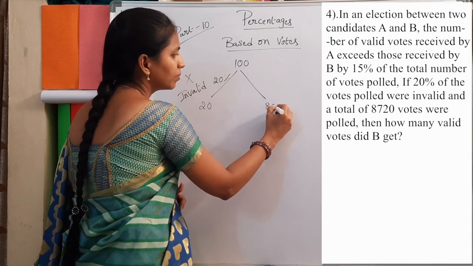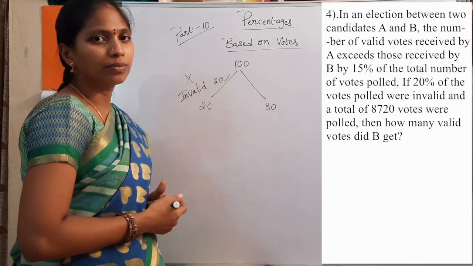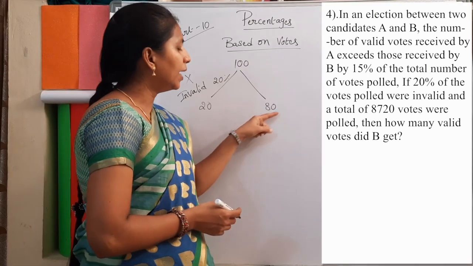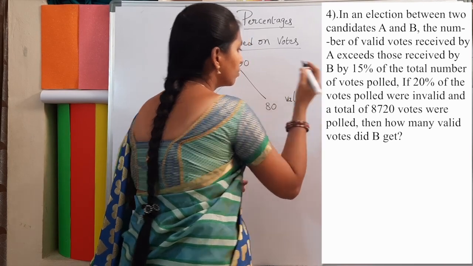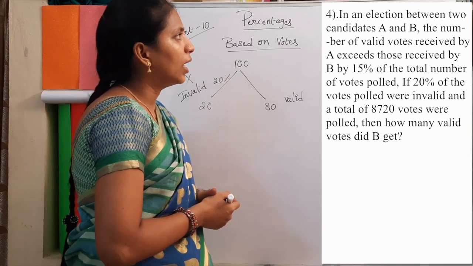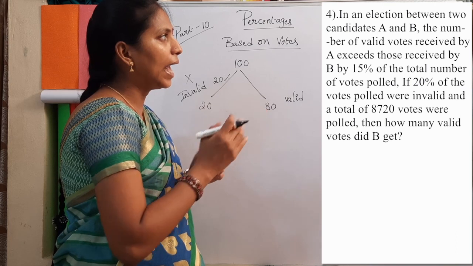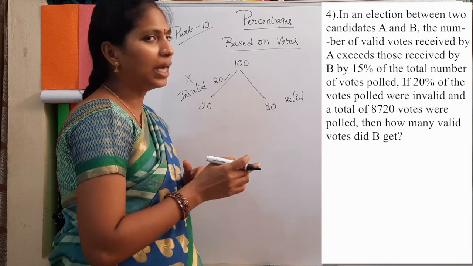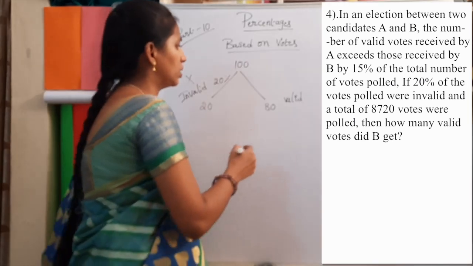Okay, invalid votes. What are the remaining votes? 80, means 20 plus 80 is 100. Okay, 80 are the valid votes. Now see, valid votes received by A exceeds those received by B by 15% of the total number of votes.